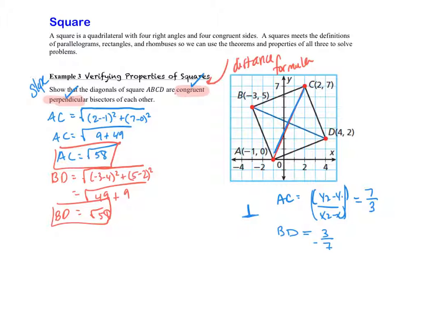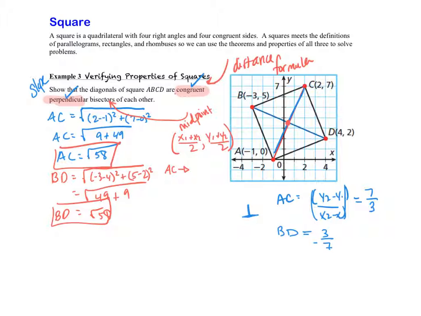To see if something's a bisector, I need to make sure that the midpoint for both of them is the same. So for bisectors, I'm looking at midpoint. Well, midpoint, remember, is an ordered pair. It's x1 plus x2 divided by 2, comma, y1 plus y2 divided by 2. So let's do that for AC first.